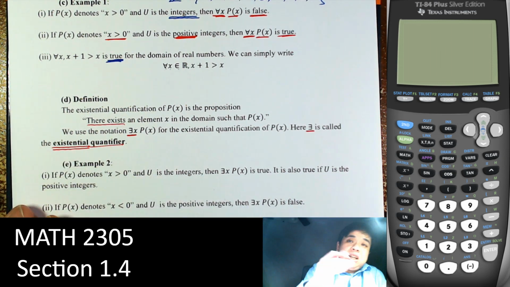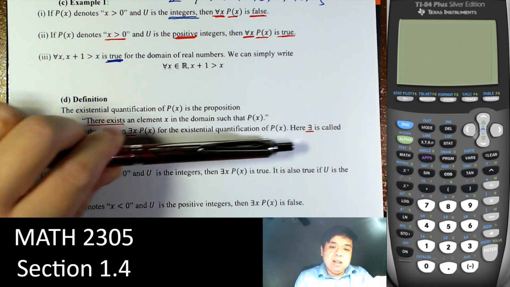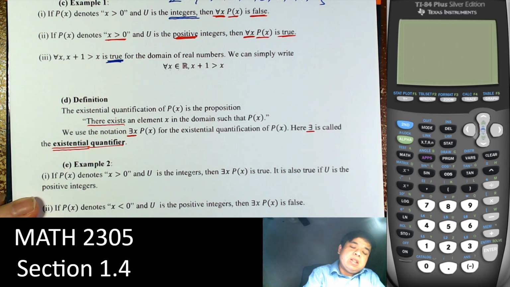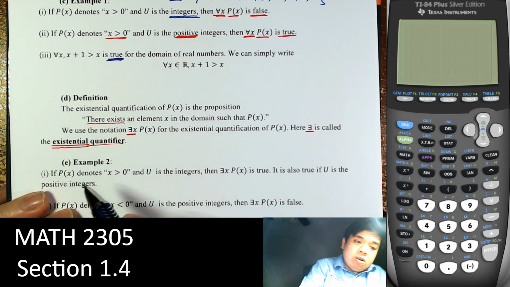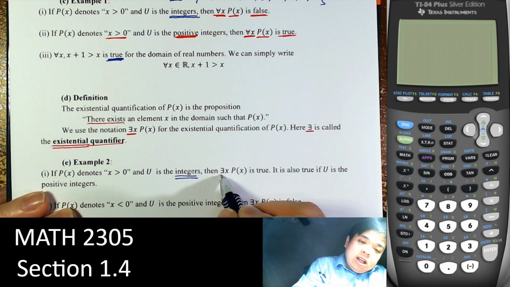Right, so in that case we say there exists one element. So that is the existential quantifier. Let's look at some examples. If we say p of x denotes x greater than 0, the same thing as before, and now we have the integers, but this time it is existential.